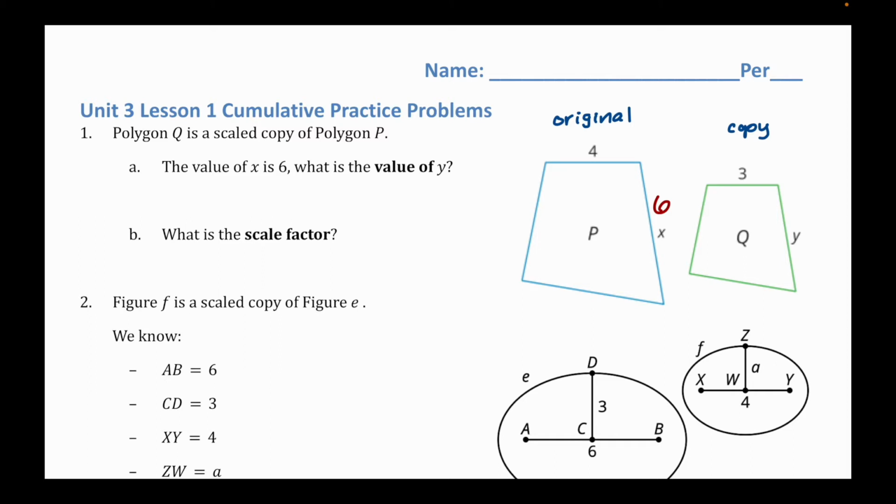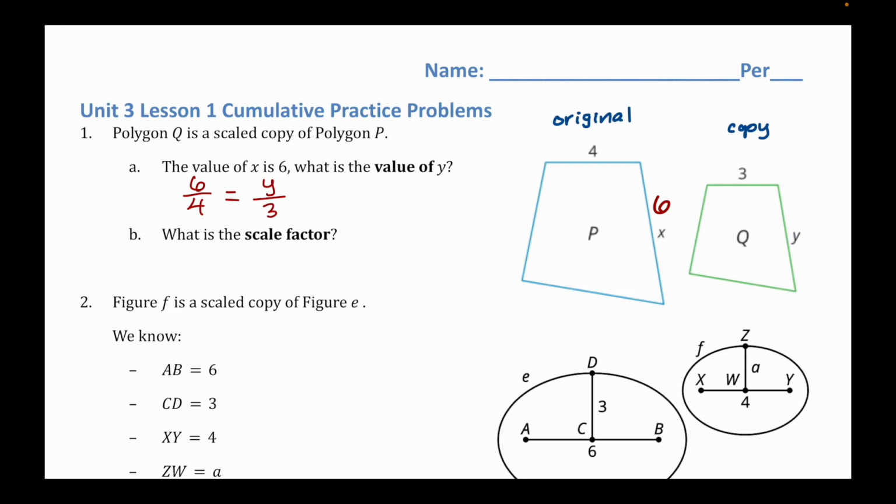But a proportion is going to keep things in even amounts, so I like to use a part of an object over a part of an object equal to the corresponding pieces in a different one. So I'm going to use 6 over 4 and say that should be equal to Y over 3.